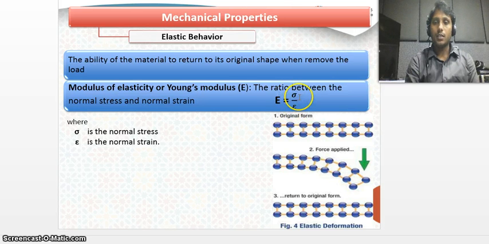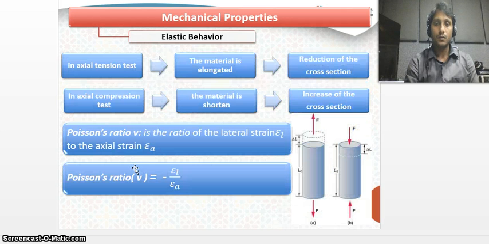It is nothing but stress by strain, normal stress over normal strain. So the formula for Young's modulus is normal stress by normal strain. See this elastic behavior.